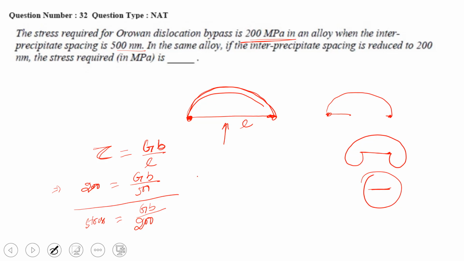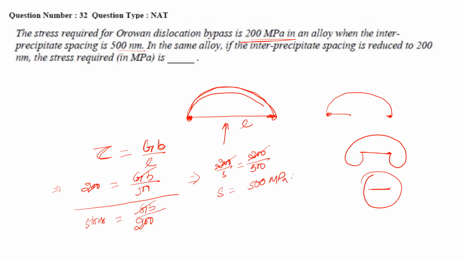Dividing these two, we get 200 by S is equal to 200 by 500, GB will be cancelled. So 200 cancels, that means S is equal to 500 MPa. So this is a very simple question.